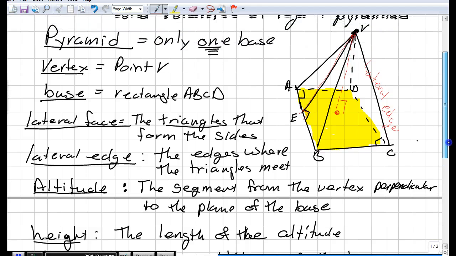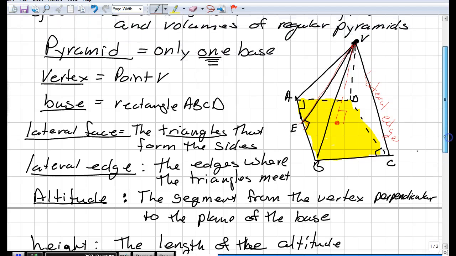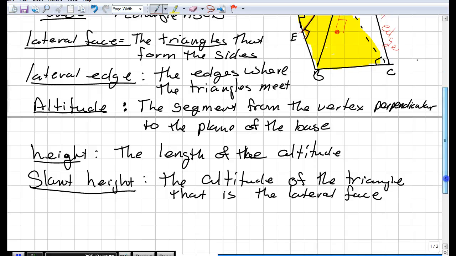So the slant height and the altitude are two different lengths, and the symbol we use for slant height is a cursive L.